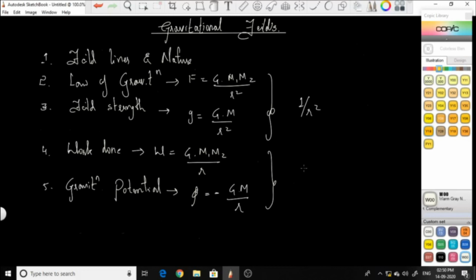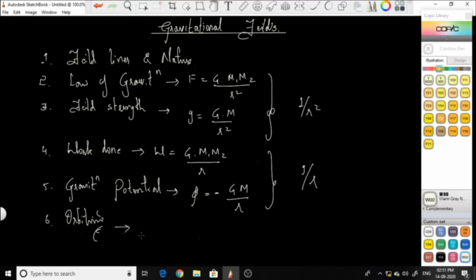The equation was r cube is equal to capital G M over 4 pi square times the square of the time period.